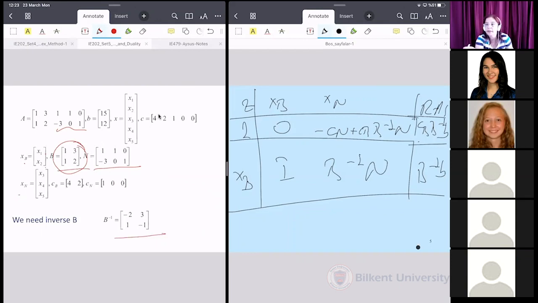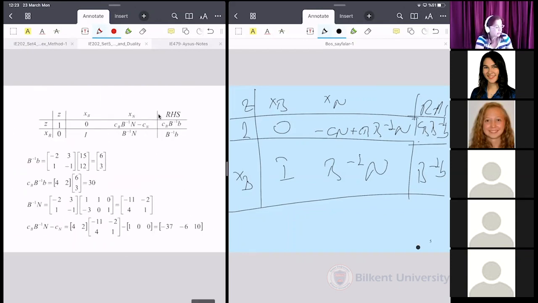So convert to simplex table, it says. Let's make it. I need B inverse b for the right-hand side. If you do B inverse b, it's going to be 6 and 3. So let me try. I need X1, X2, X3, X4. I need 5.